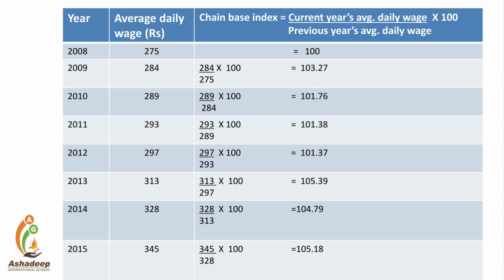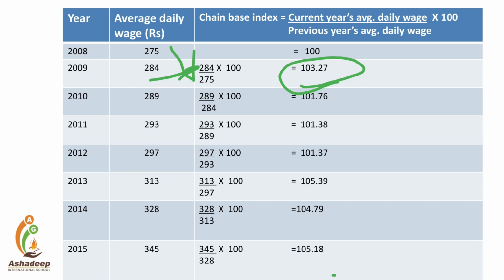Now just put these values in the formula: current year's average daily wage upon previous year's average daily wage multiply 100. So you can find that this 284 is in the numerator, this 275 of preceding year is in the denominator, multiply 100 and we will get its index number, that is 103.27. As simple as that.